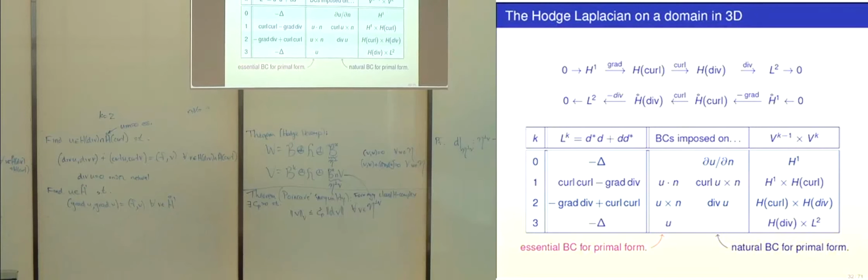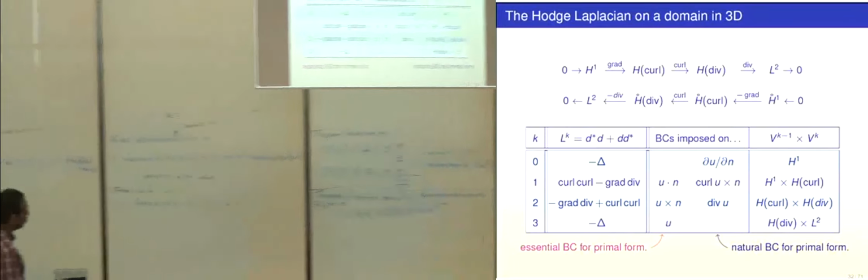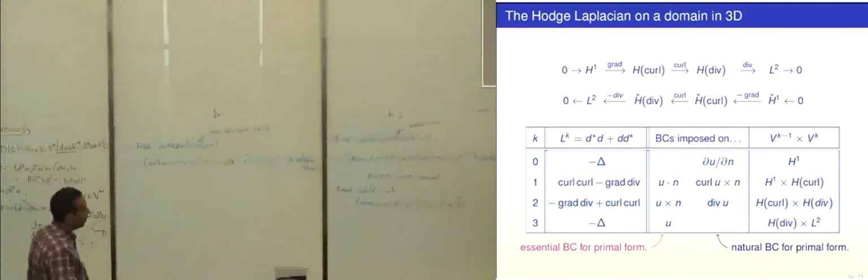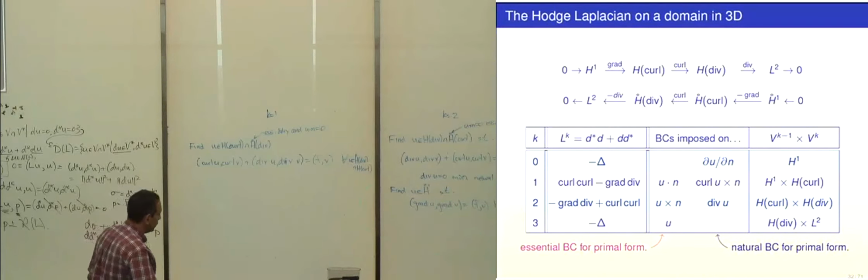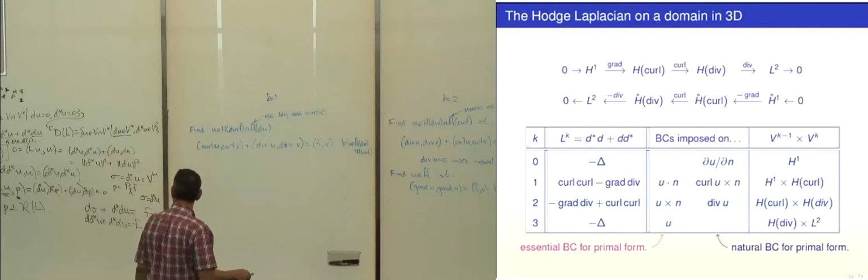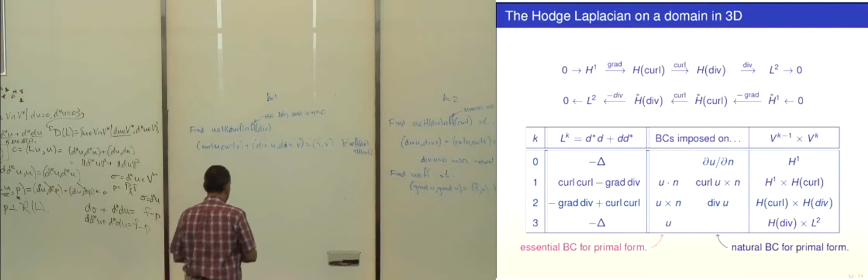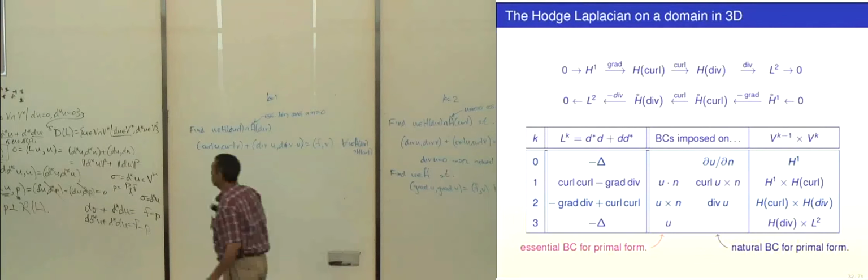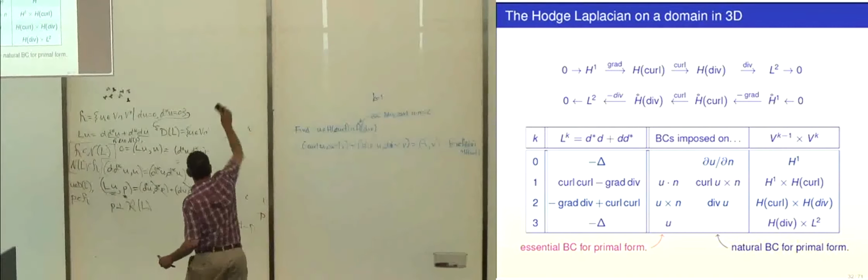So now we're back to the first equation I wrote down on the first day of the course, the simplest boundary value problem, the Laplacian with Dirichlet boundary conditions. So the primal weak form for the n forms is just the Dirichlet problem. And maybe I should have written down the k equals 0 case over here, just to keep the pattern going.